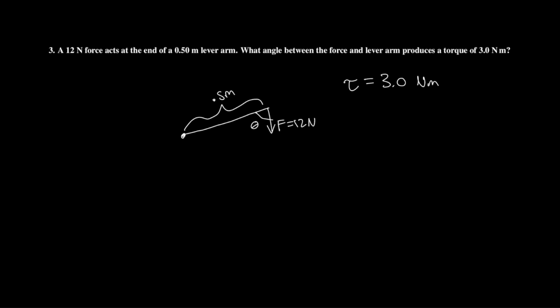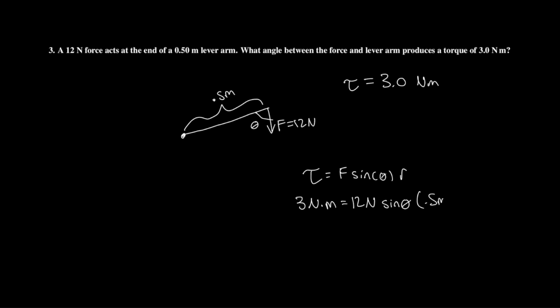We can write out our torque formula. This is a great place to start for any problem. We have F sine theta R. And we know that torque is going to be 3 Newton meters. Our force is going to be 12 newtons. Our sine theta, we don't know, so I'm going to leave it as theta, representing our unknown.